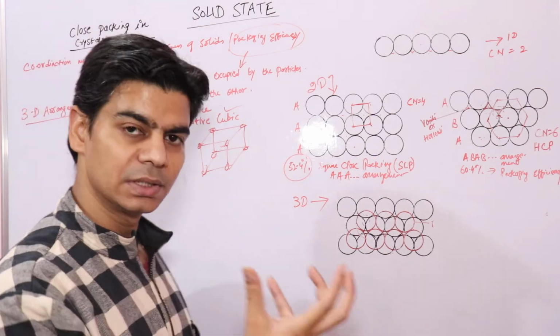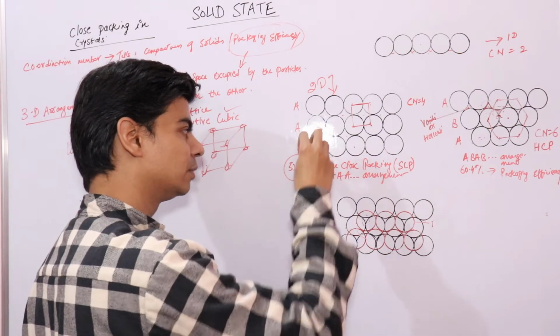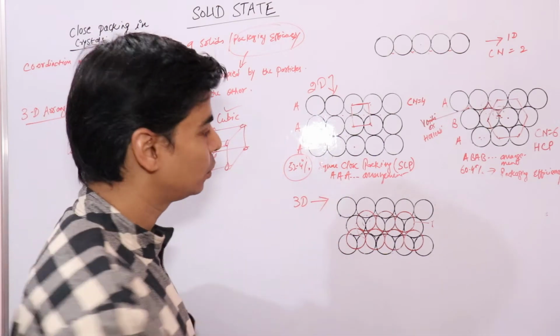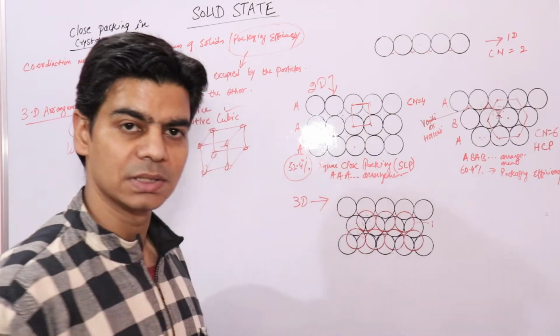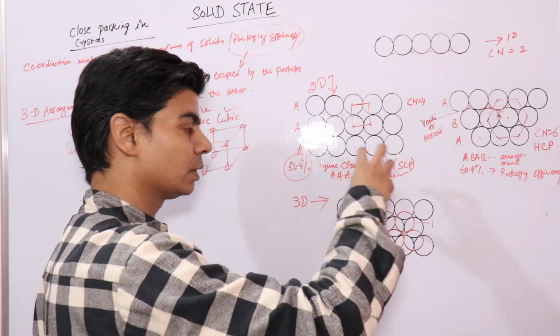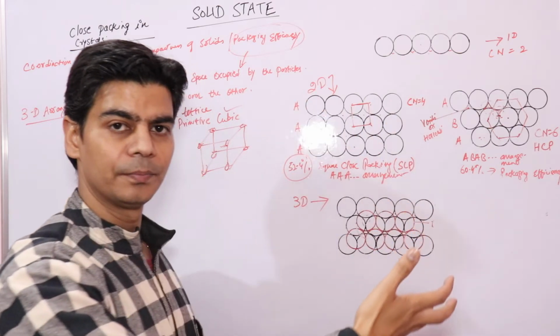That is, the spheres in the second layer will be exactly above the spheres of the first layer. And the voids, we know that the voids are these empty spaces. The voids in the second layer would also be on the voids of the first layer.